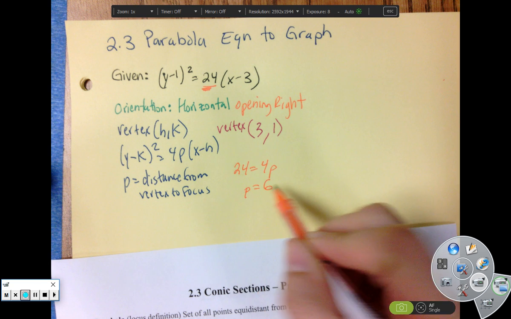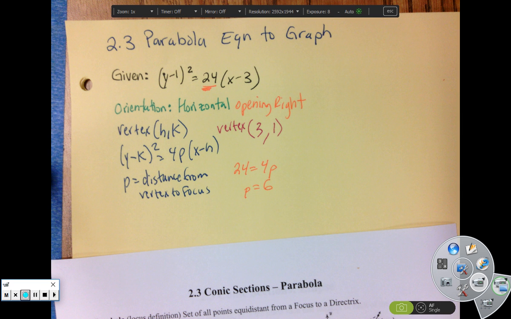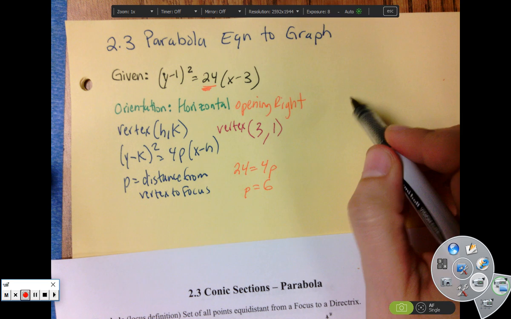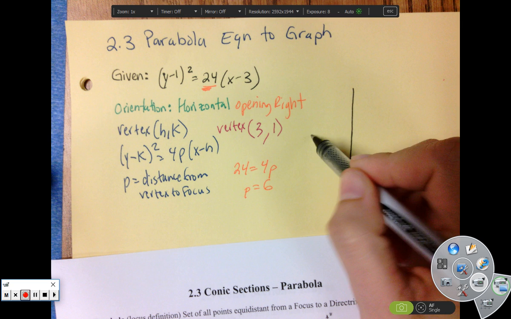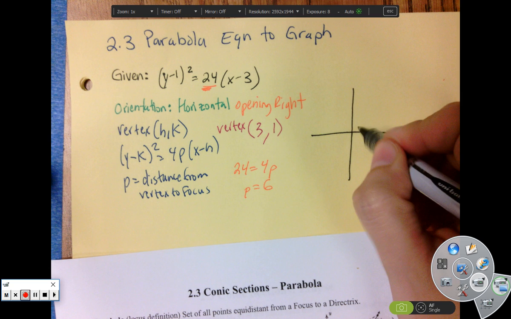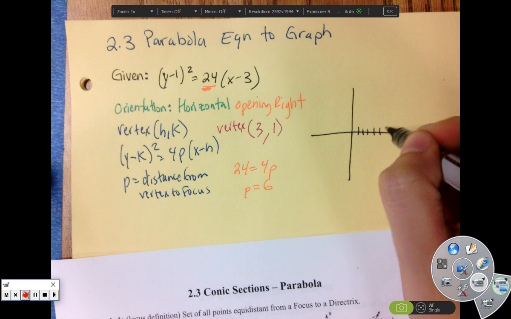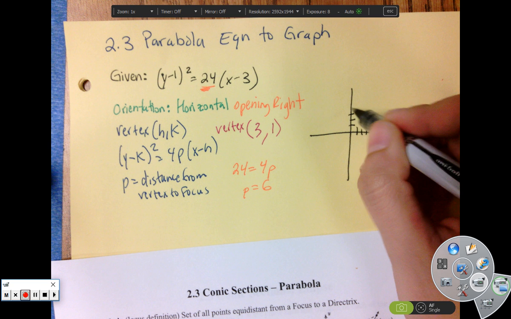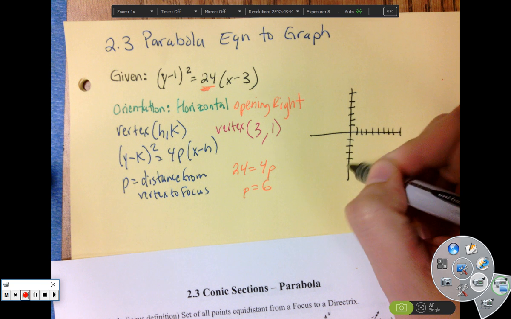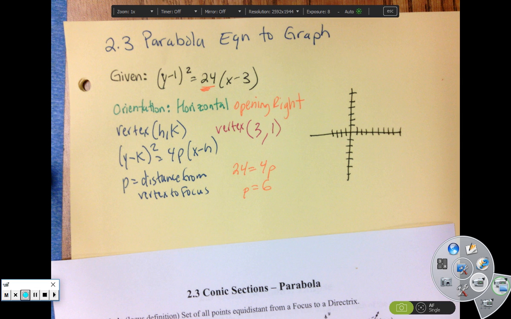Now let's start graphing. So 1, 2, 3. So I'm going to put my vertex in at (3, 1). So I go over 3, up 1.